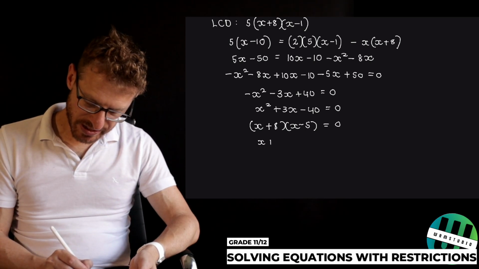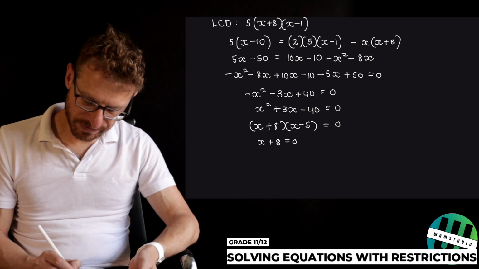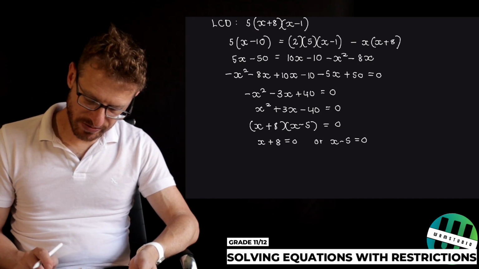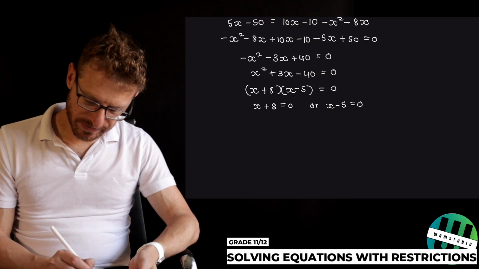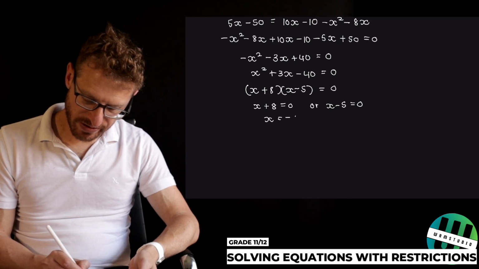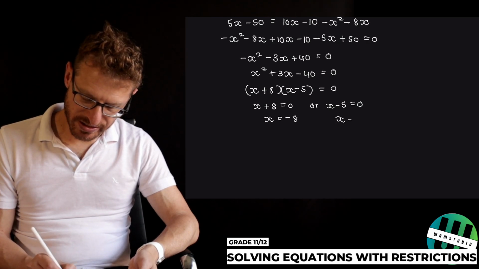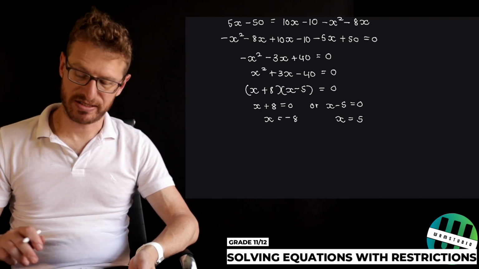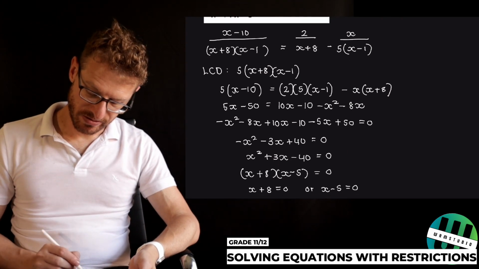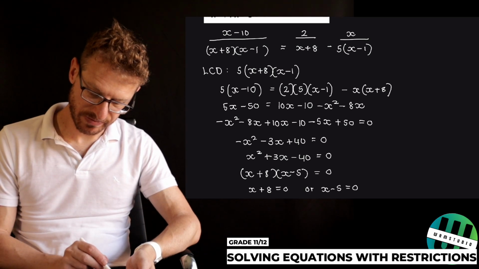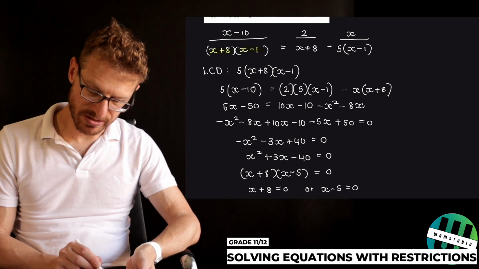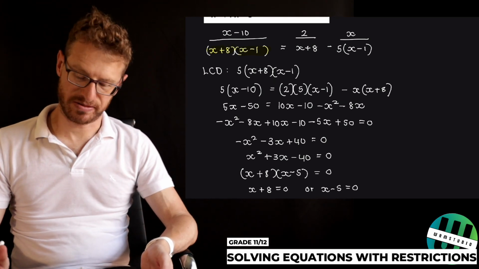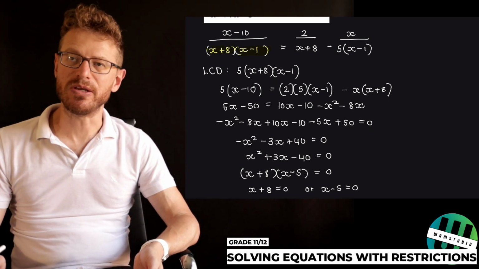So x plus 8 equals 0, or x minus 5 equals 0. x equals negative 8, x equals 5. But restrictions: x cannot be negative 8 and x cannot be 1.